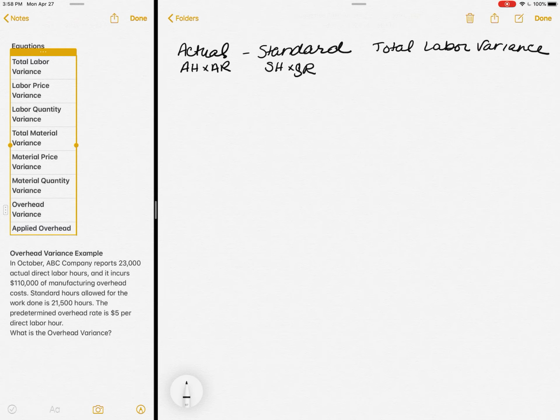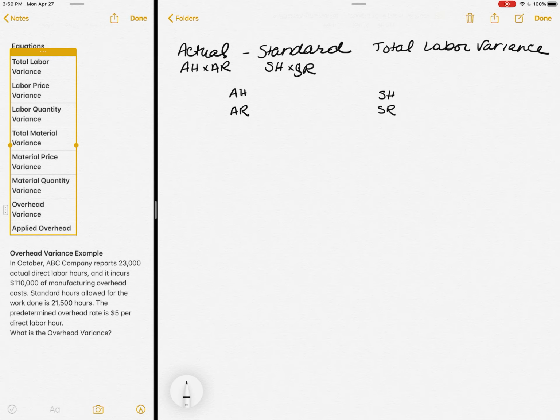Now let's look at how we're going to break that down. We're going to break this down into two components, labor price variance and labor quantity variance. And it stems from this total labor variance. I'm going to show you how that works. We take our actual hours and our actual rate, and we're going to compare that just like we did in this total to the standard hours and standard rate.